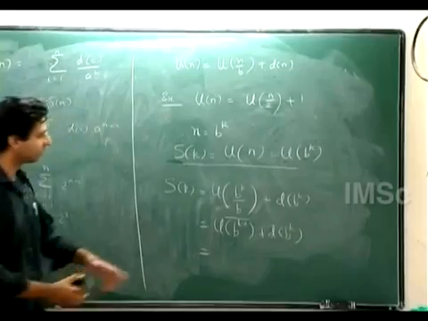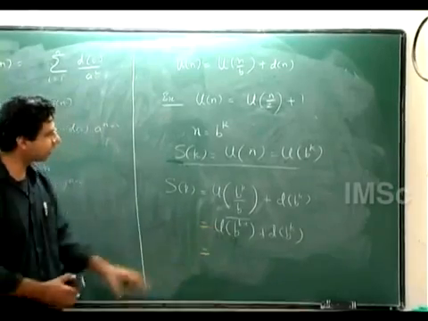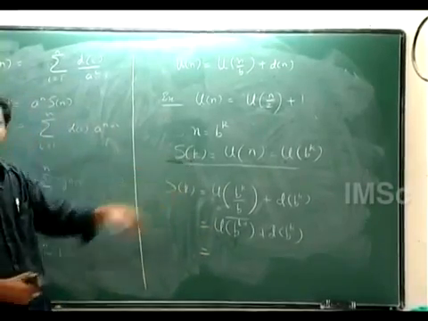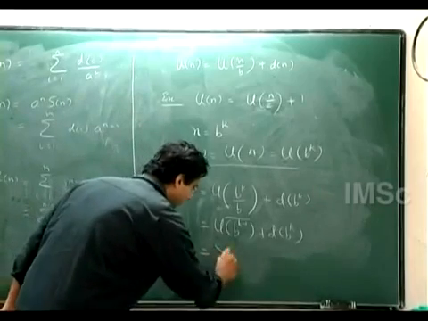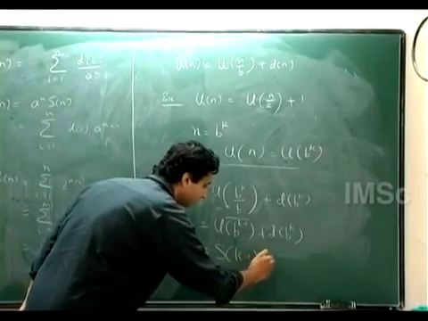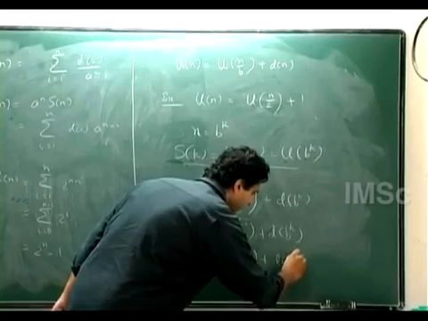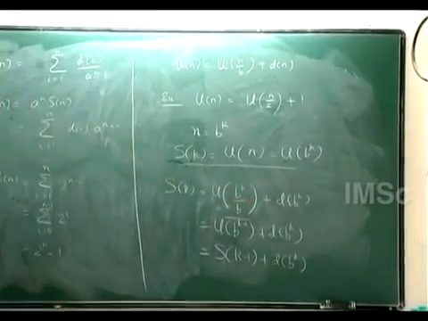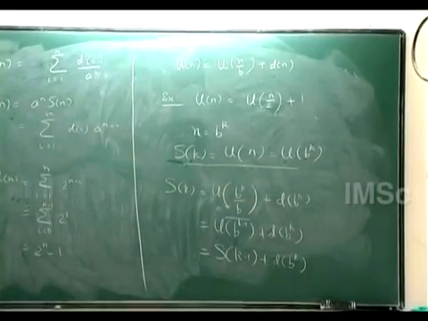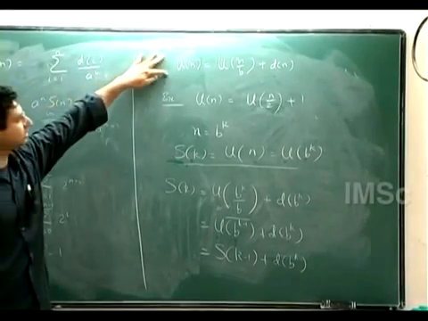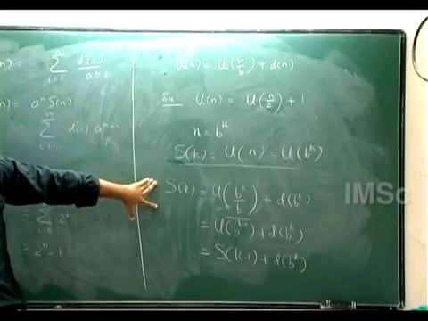And by definition, u of b raised to k minus 1 is just s of k minus 1. So we have reduced our original recurrence from this structure to the fundamental recurrence.